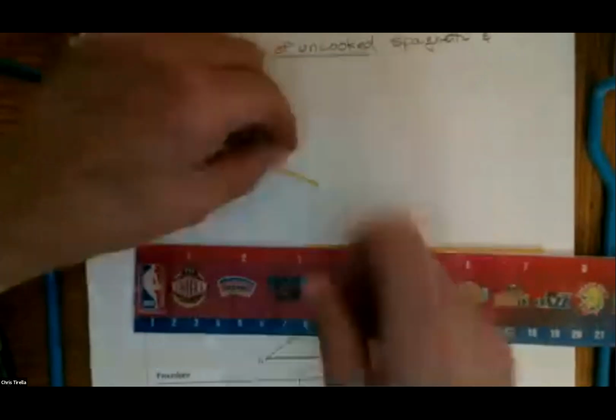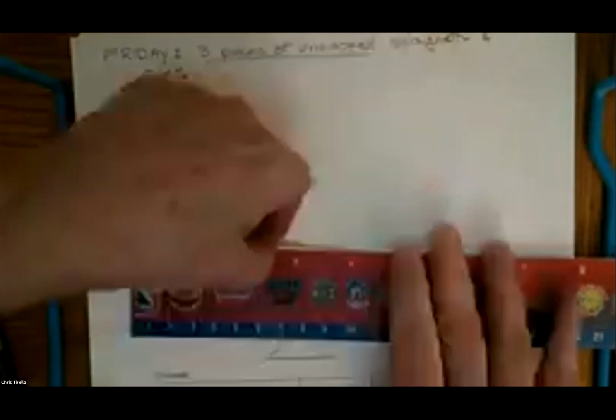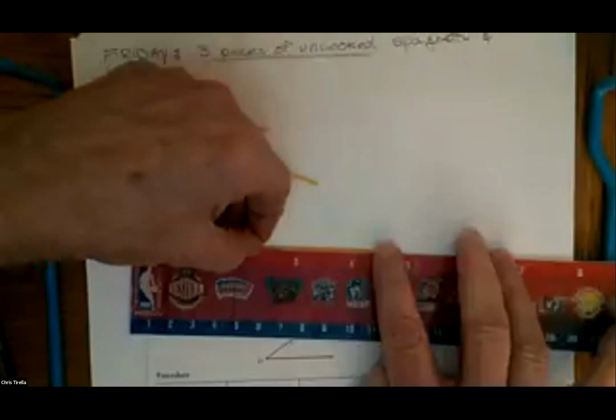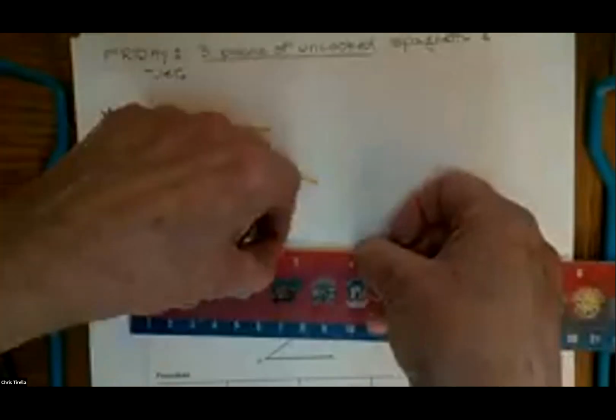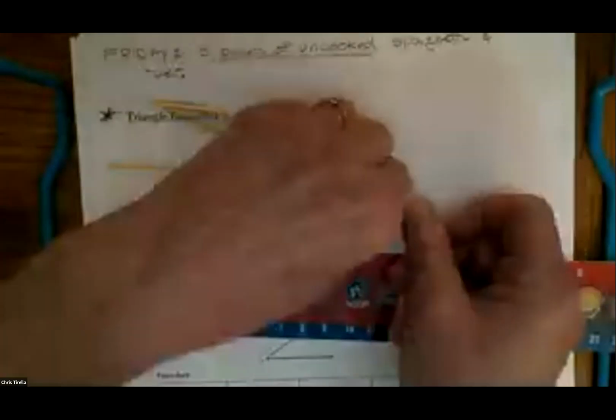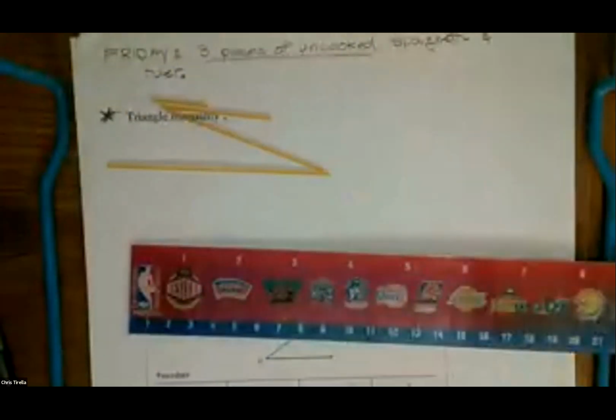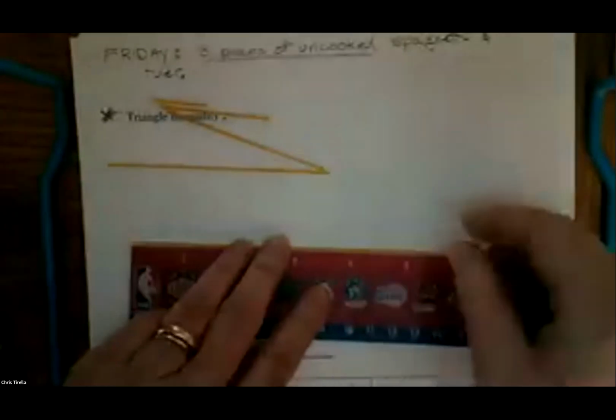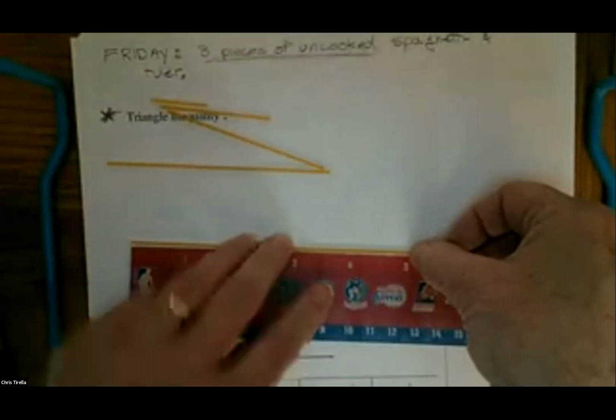And then a piece that's, well, 4 inches long. I'm going to just have a little bit left. And I'm going to make one more, a piece that's 5 inches long.